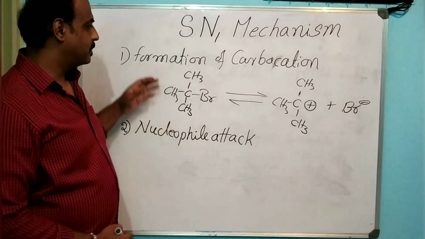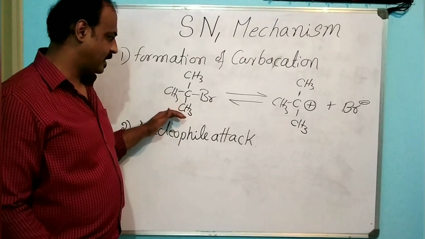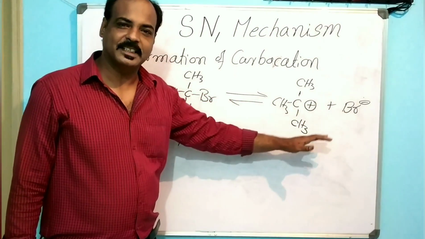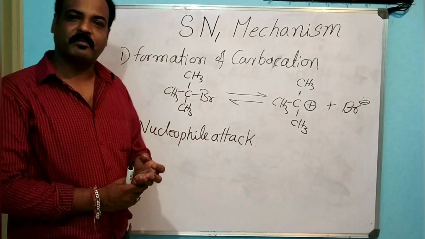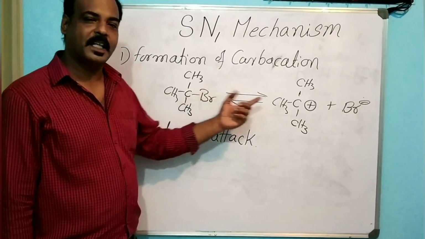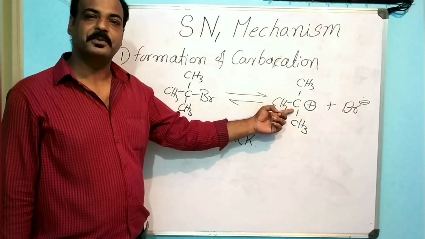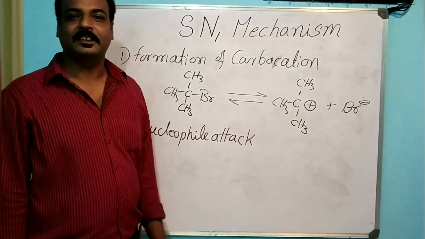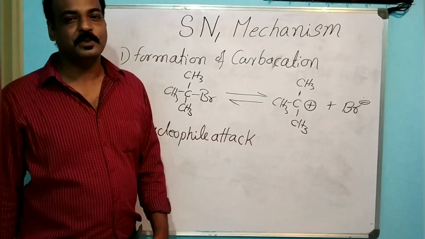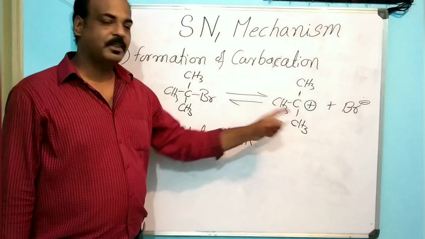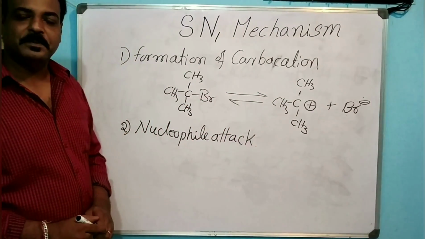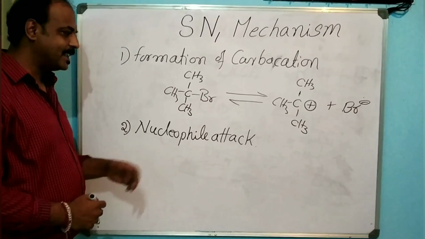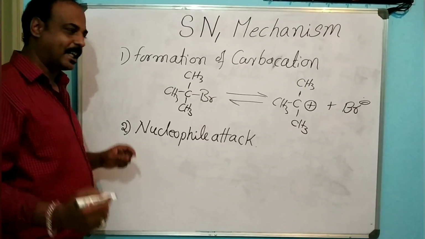The first step is where the bromide is released and the carbocation forms. Tertiary butyl bromide is converted into the tertiary butyl carbocation, which is stable. The stability is due to the inductive effect of methyl groups and alkyl groups. And the second step is nucleophile attack.